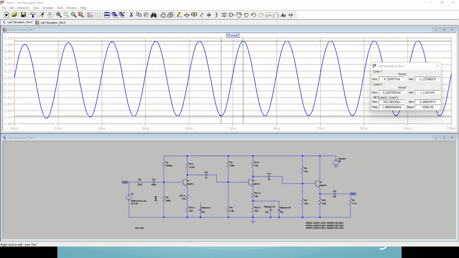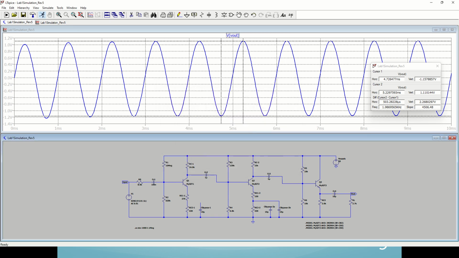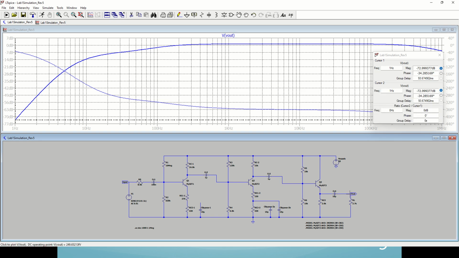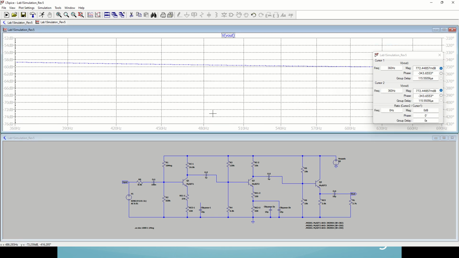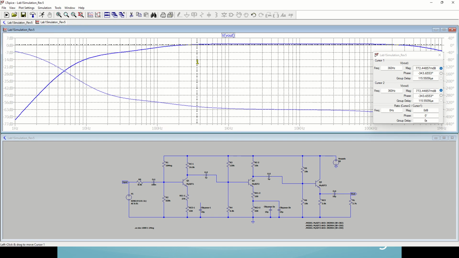Now let's do a Bode plot. Okay, our passband is back to 1.23, so negative 1.77 should be our 3 dB down.